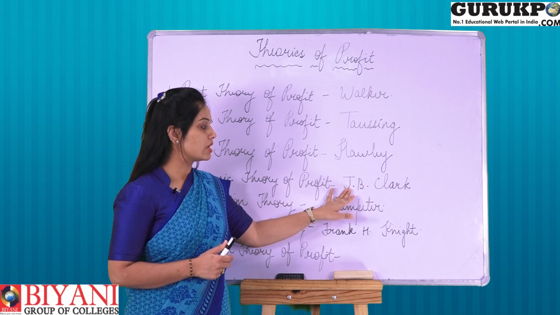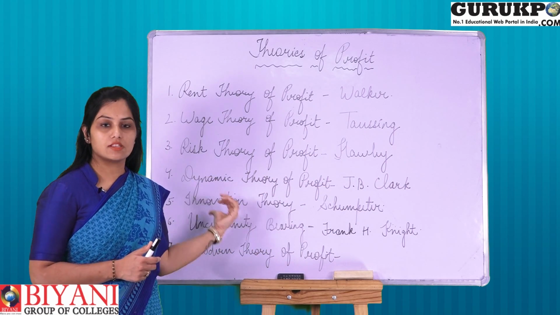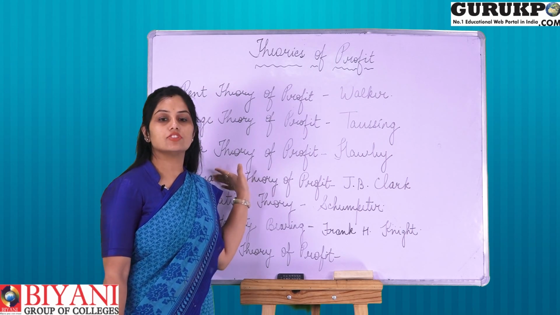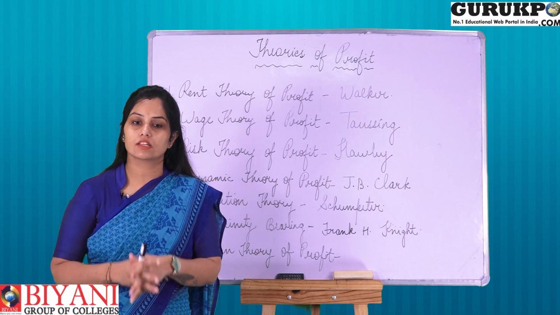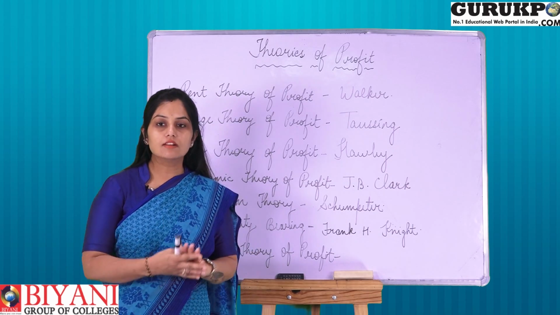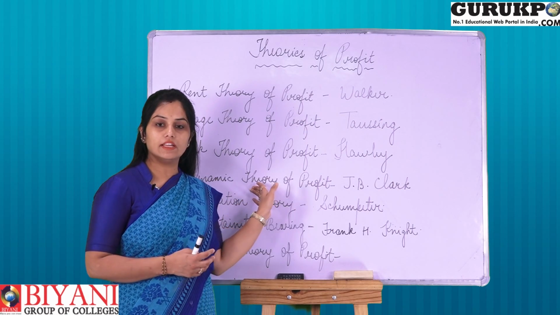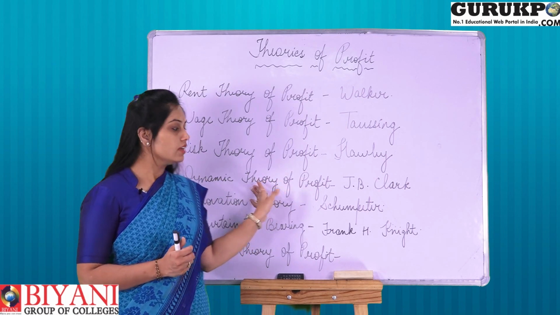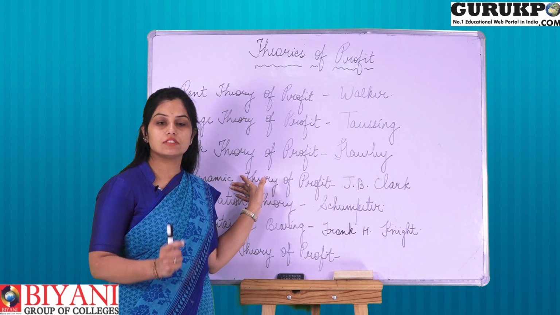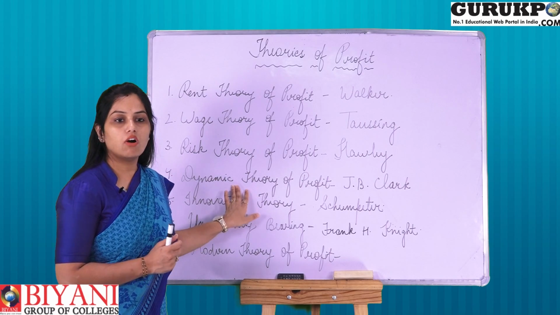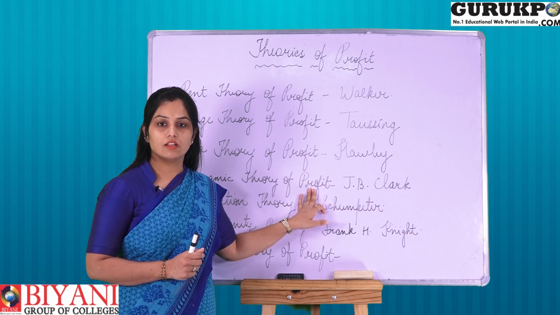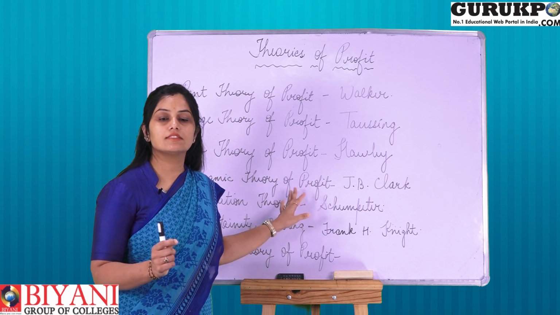The next is the dynamic theory of profit. This theory is given by J.B. Clark. Dynamic means changes. Profit is a result of the changes in the organization, changes in the economy, changes in the working system, changes in technology, changes in working methods, changes in production quality, changes in production machinery. All these changes in the environment, changes in human wants, changes in human preferences, result in earning profit, because our economy is dynamic.